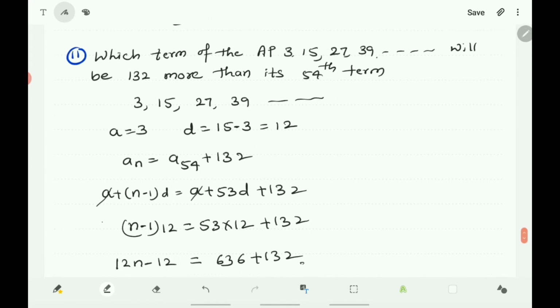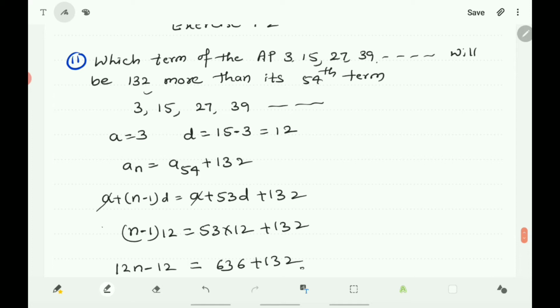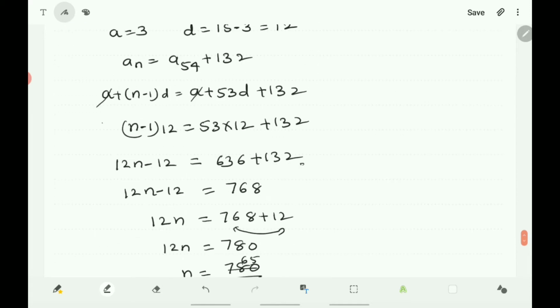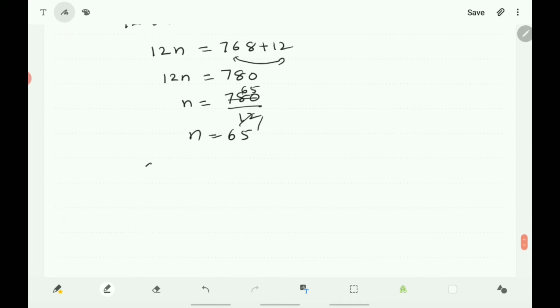So here which term is 132 more than the 54th term, that is the 65th term. A65 equals A54 plus 132.